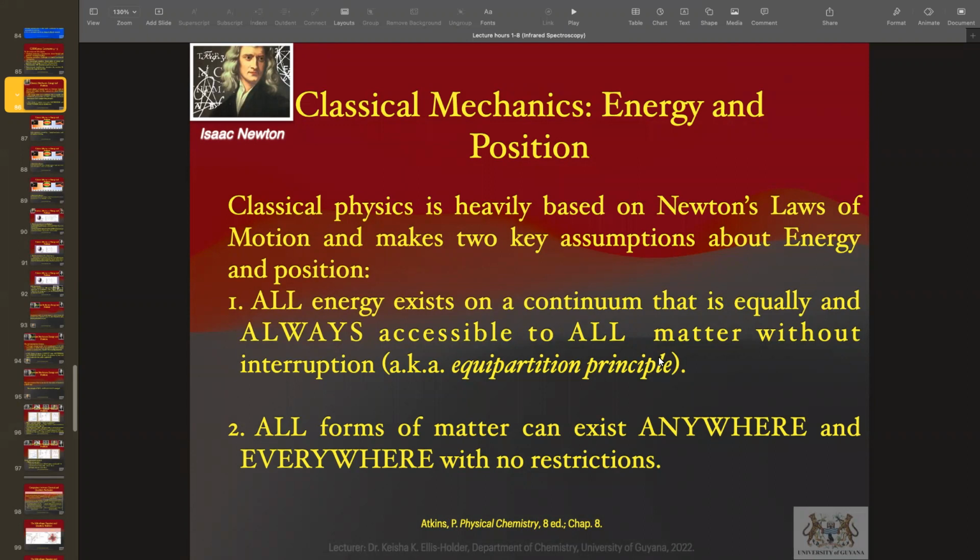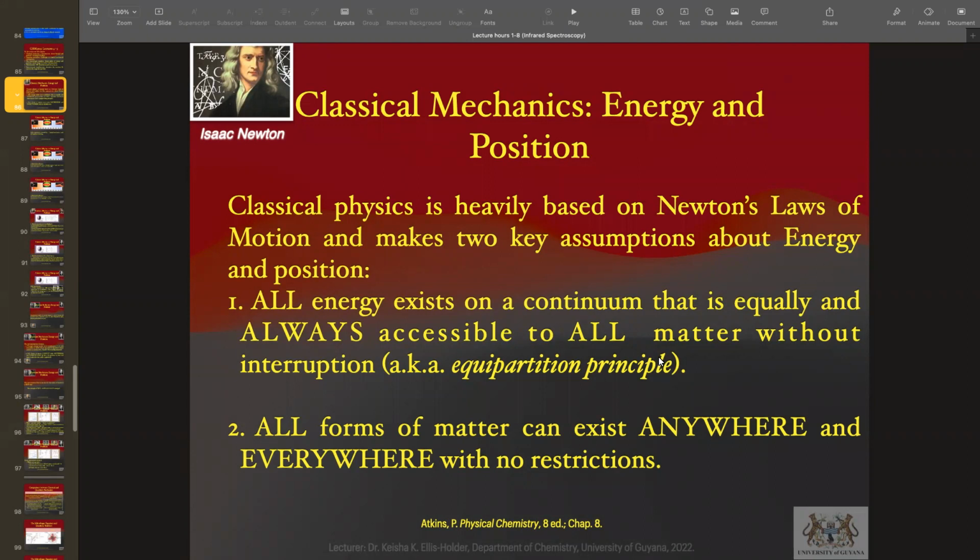And so Newton's assumption was that all energy is present in a continuum, meaning that it's not discrete, but pretty much gradations going from one degree to another, fluid. The assumption extended to include that when this continuous form of energy presented itself to matter, the interaction between matter and energy was no different.